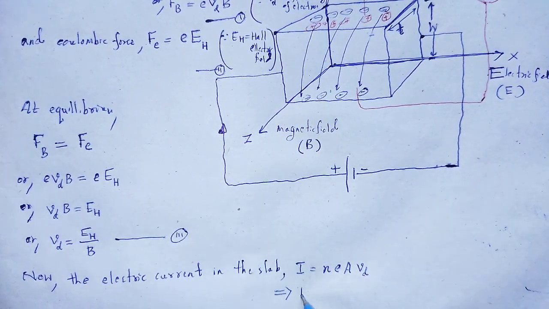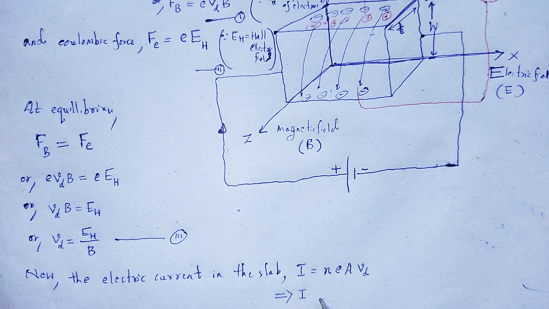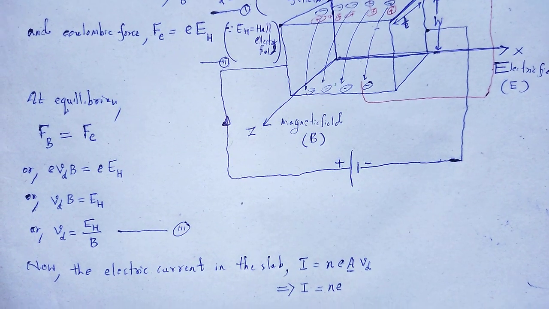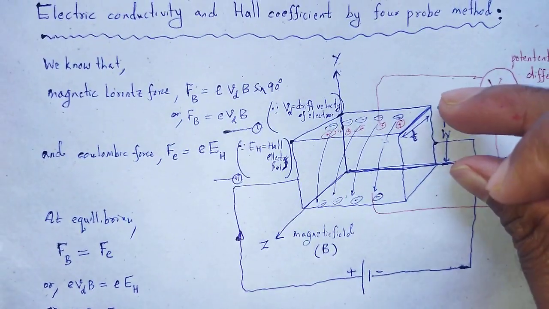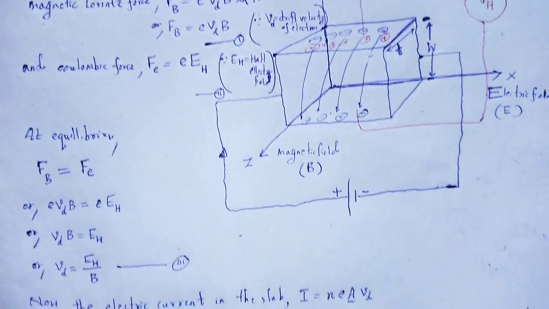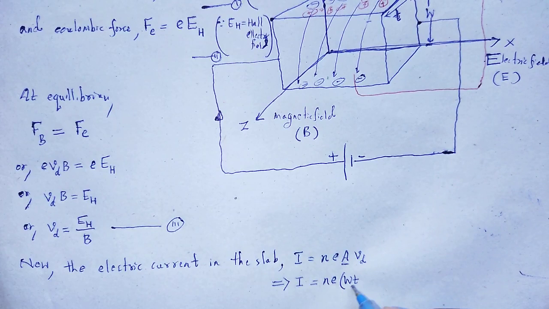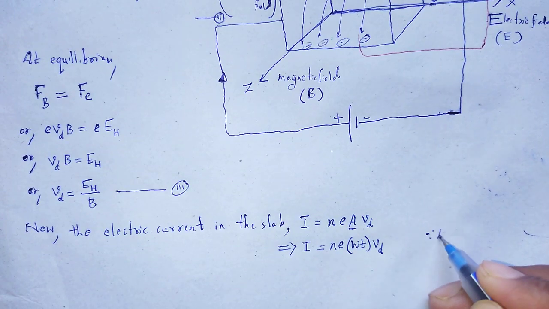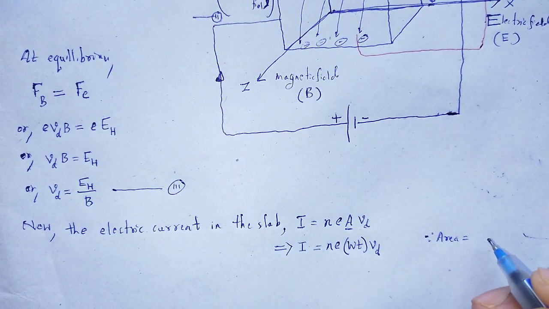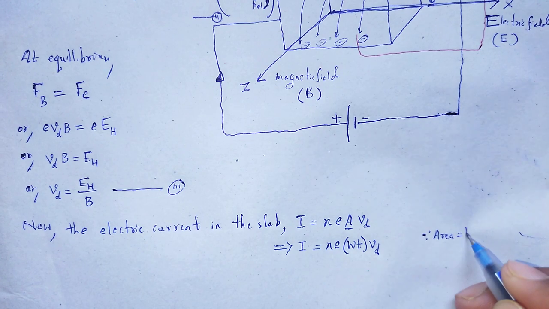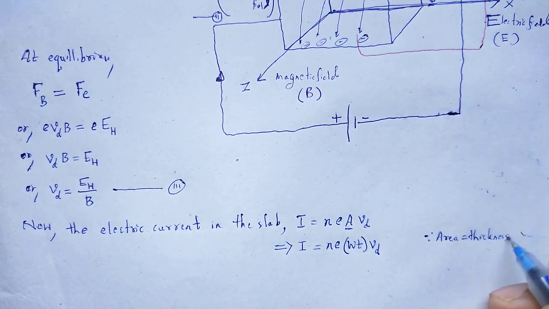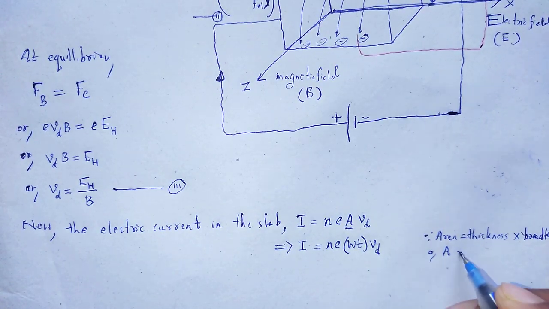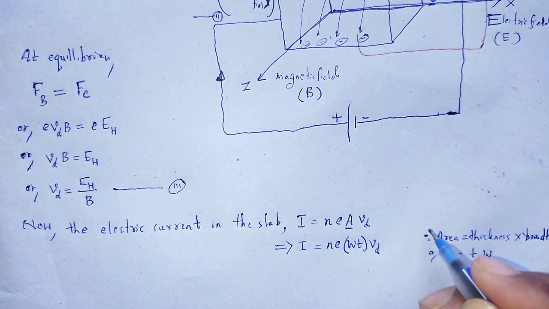Which implies I is equal to N e W T Vd, as area is equal to thickness into breadth. So area A is equal to thickness T into breadth W.